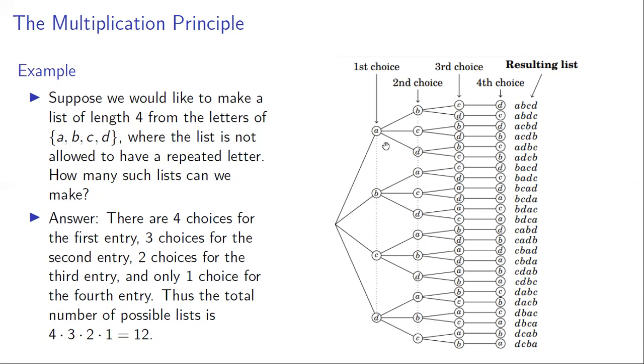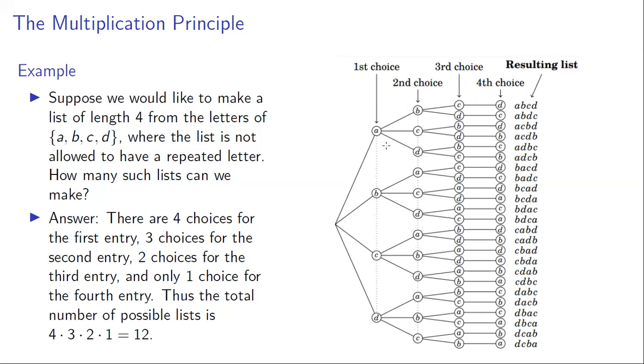We don't actually need to draw the tree for most problems. So the idea is the first choice is either A, B, C, or D. I should be consistent. The first entry is either A, B, C, or D. Okay, so those are our 4 options for the first choice.